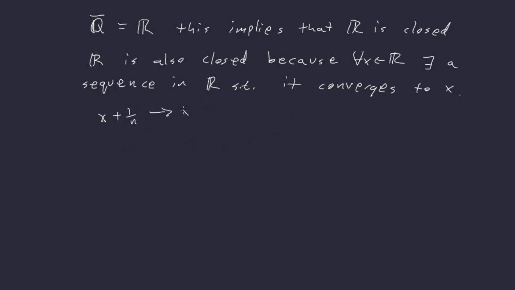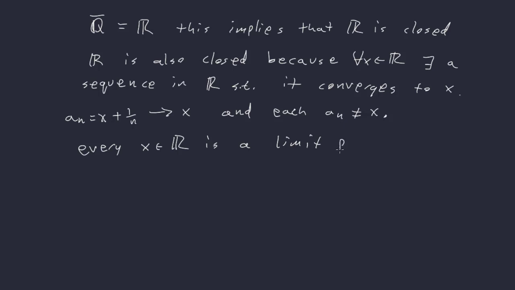This will converge to x, and if I call this, let's say, a sub n, each a sub n will not equal x. All right, so in other words, every x in R is a limit point of R, and every limit point of R is in R.